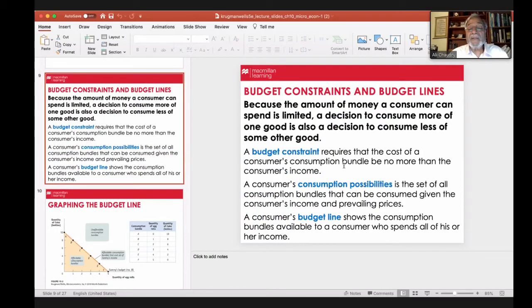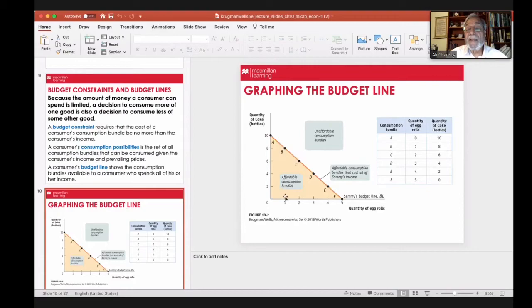So in this slide, you'll see the concept of the budget constraint and the consumption possibilities. Okay, so budget constraint is a line in this graph that shows the trade-off between one and the other. In other words, egg rolls versus quantity of Cokes in this example, right?